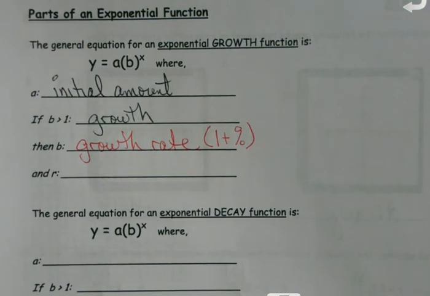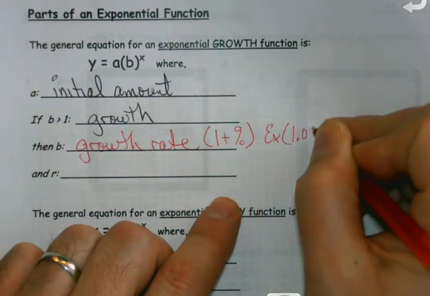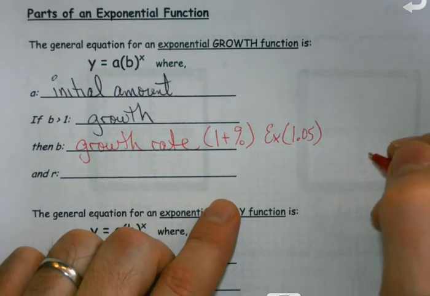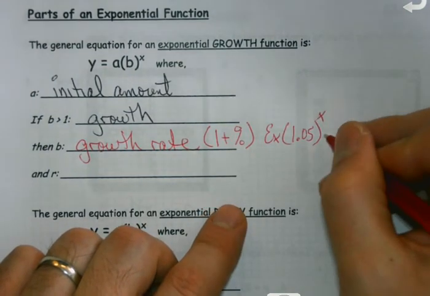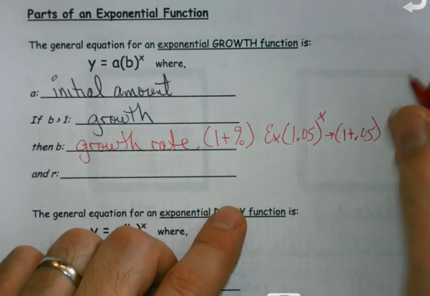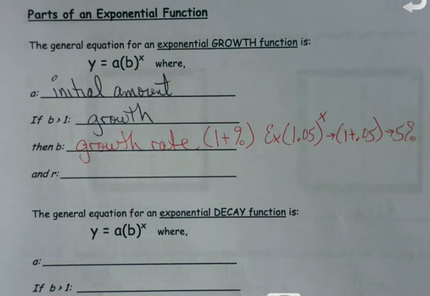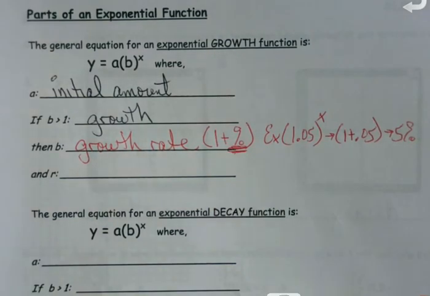So if I see the number 1.05 in there, for example, 1.05 to the x, that's the same as having 1 plus 0.05, which means my growth rate is the 0.05. It's 5%. Okay, it wouldn't be 105%. Wouldn't be 1.05. It would be, what am I adding to the 1? What's this value?